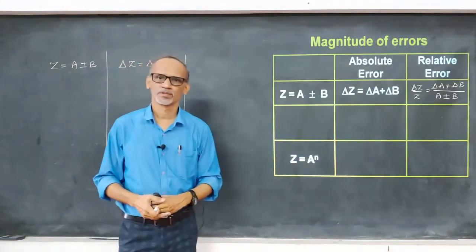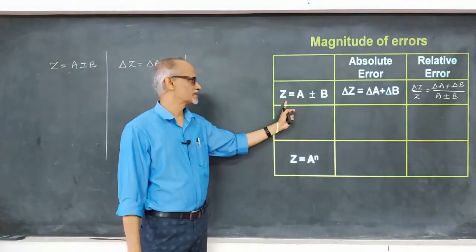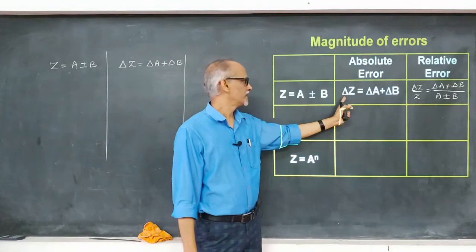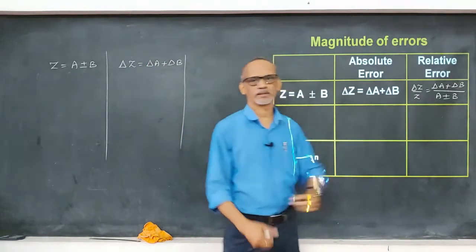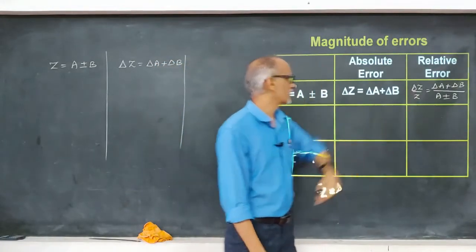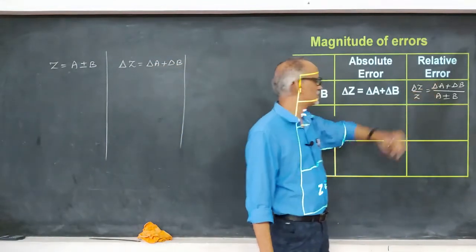Hope you have understood. So, whenever we add or subtract quantities, the net absolute error is equal to the sum of the absolute errors of the individual quantities. And then the fractional error is the ratio of the absolute error to the true value.